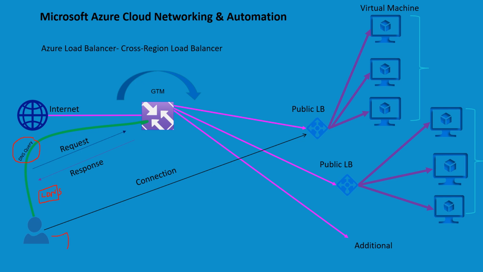It's not going to be the real IP address of the user. And if this is the IP address of the user and this is the IP address of the resources, you need to consider this latency as well. All these drawbacks are what we are trying to solve when we go for the cross-region load balancer.